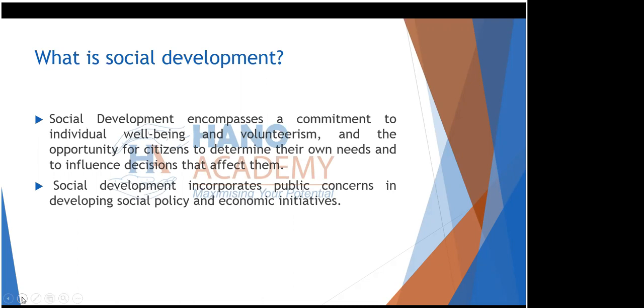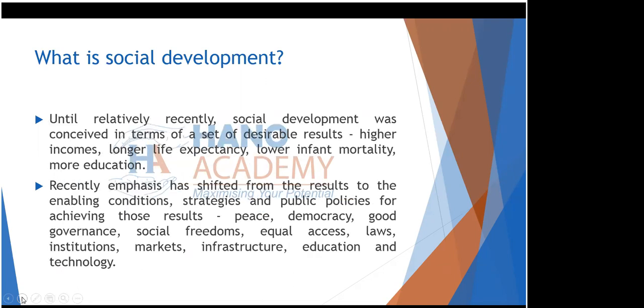Now, in this case, we move on and we still talk about social development, and the issues that we want to raise here are issues that deal with peace, democracy, and governance, as we shall see.